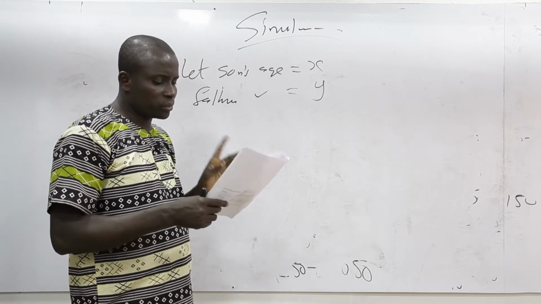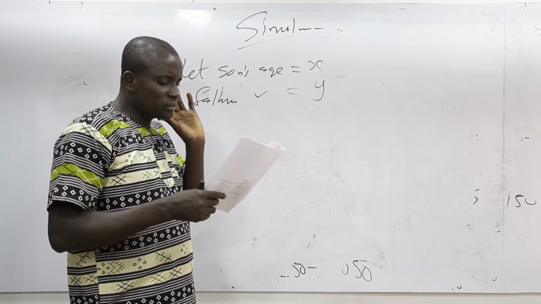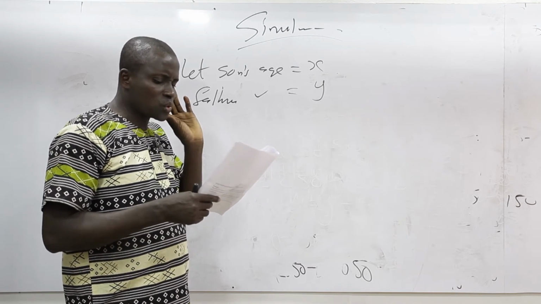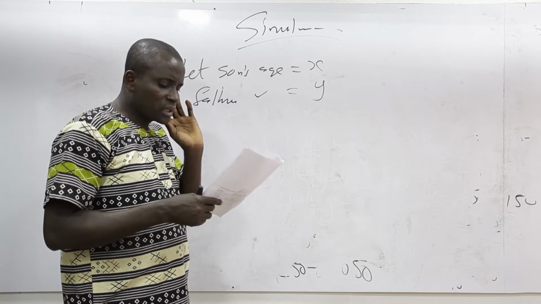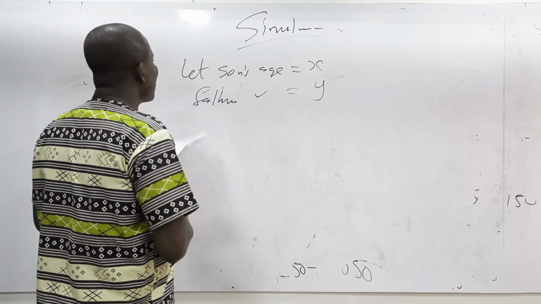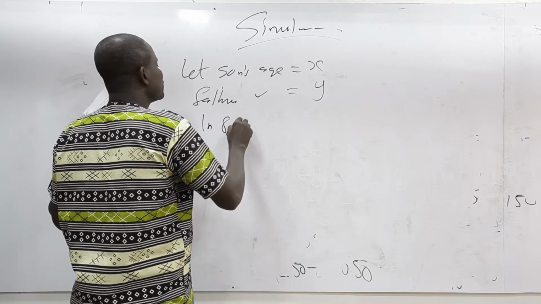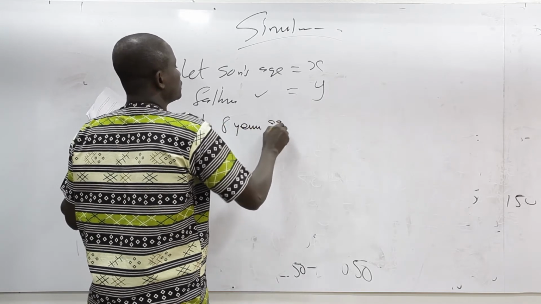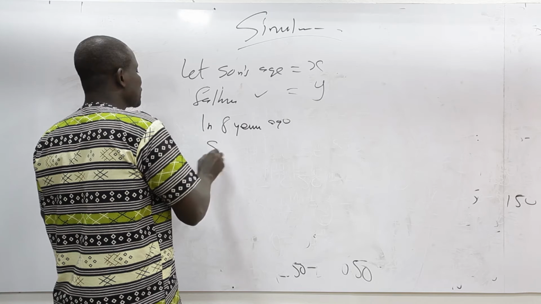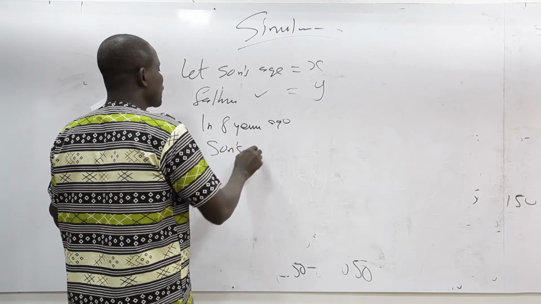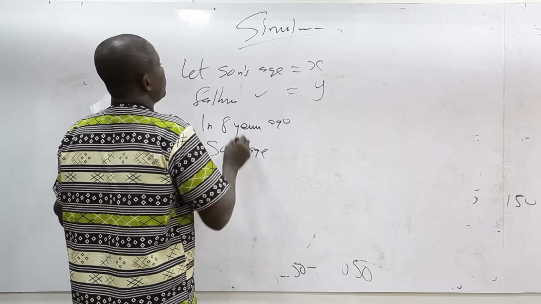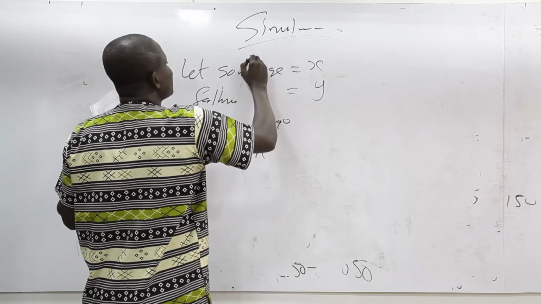So let's move on. 8 years ago, a father was 5 times as old as the son. So now, 8 years ago, what is the son's age? This is the son's present.